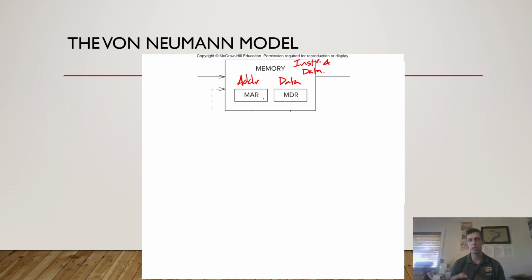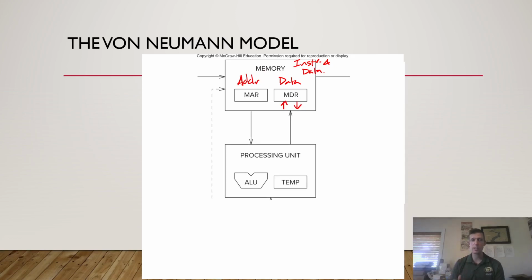And so to communicate with that, we're going to put a memory address register on the front end and a data register behind it. When we load the memory address register with the address of a piece of data, then depending on whether we're reading or writing, the data register will either store that piece of data into the memory or return that piece of data to somewhere else in the computer.